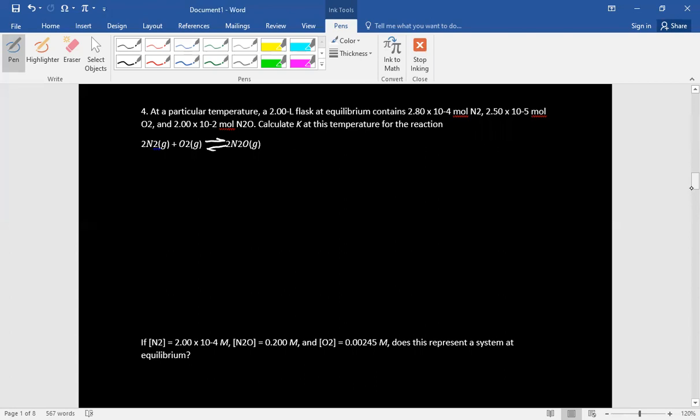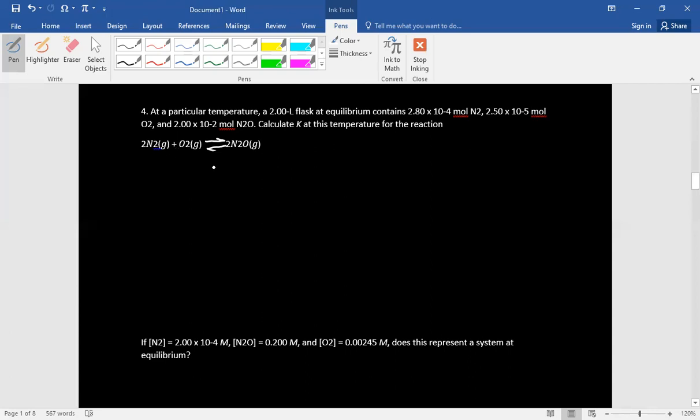At a particular temperature, a 2.0 liter flask at equilibrium contains 2.80 times 10 power negative 4 moles of nitrogen, 2.50 times 10 power negative 5 moles of oxygen, and the other gas. The question says, calculate the K at this temperature for the reaction.